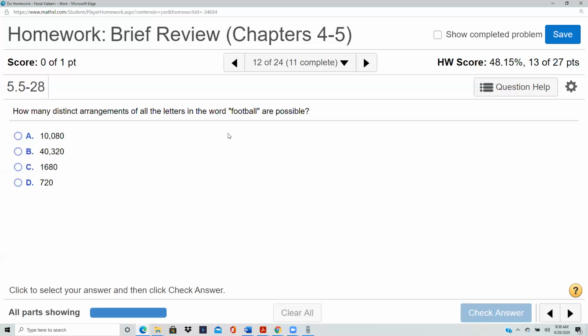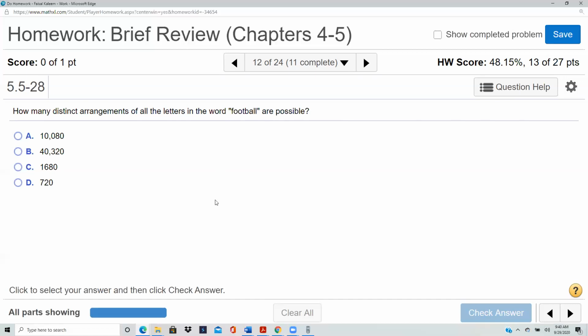So then what do you do? If all these 8 letters were different, then the answer will be 8 factorial, right? But here they are not all different. So you would still do 8 factorial in the numerator, but then you will divide out by something.